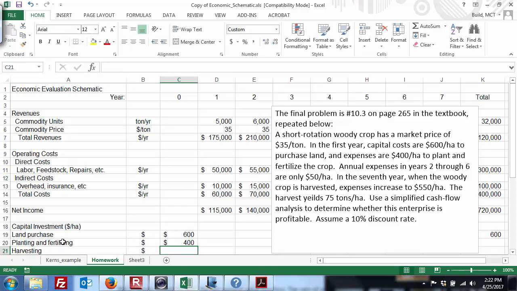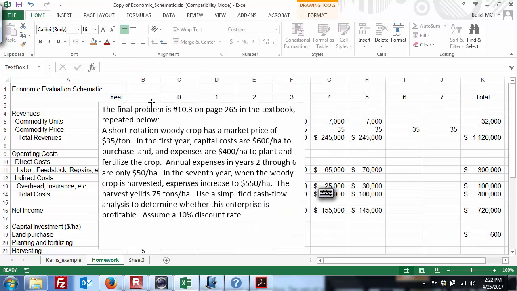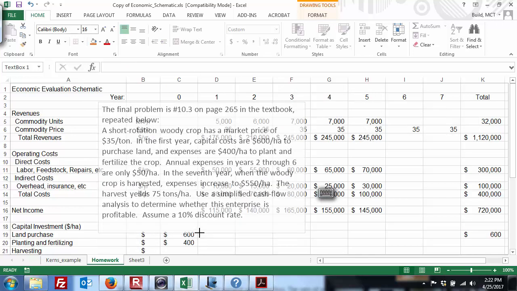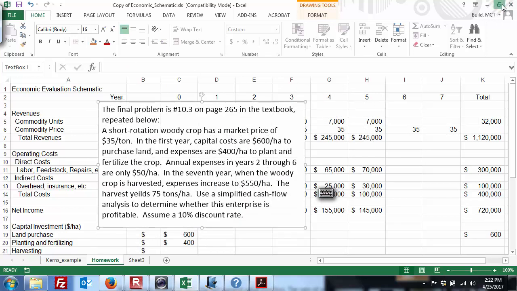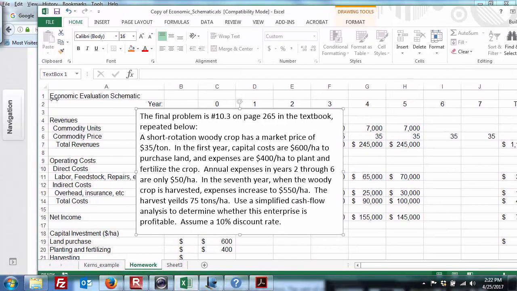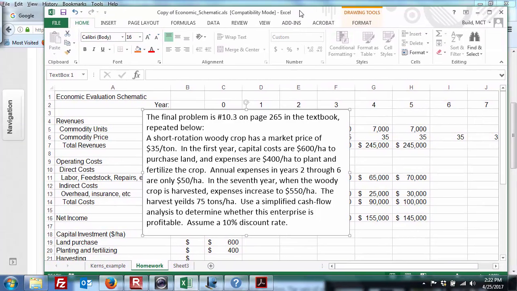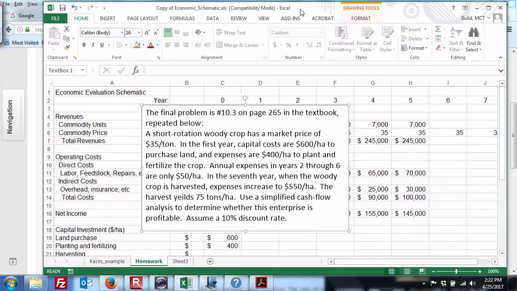That's the 7th year, so we have to put that out in year 7. Oh, which is the left side that's chopped off? Fix that. It really is, isn't it? Is that where? Okay, nice.